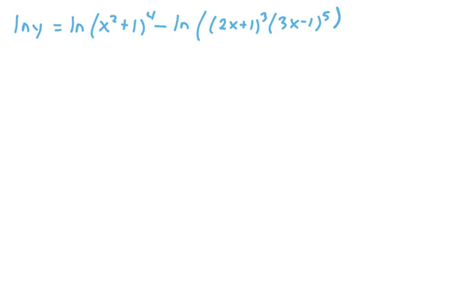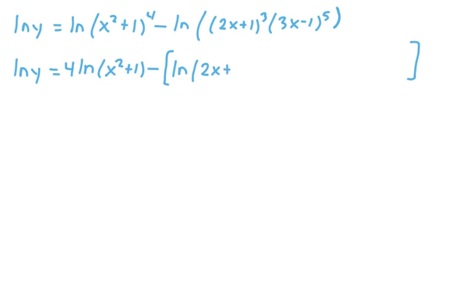And then from here, we can say natural log of y is 4 times natural log of (x squared plus 1) minus, and then within these brackets, I'm going to write natural log of (2x plus 1) to the third plus natural log of (3x minus 1) to the fifth.